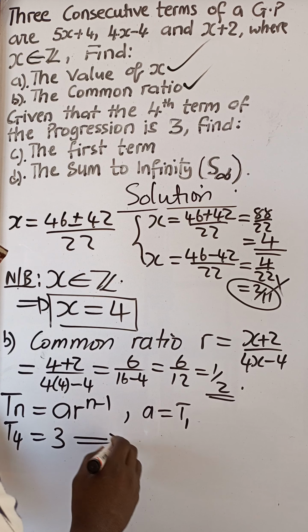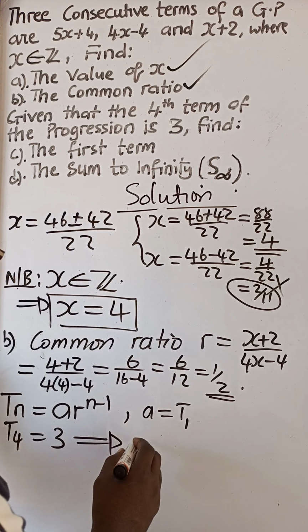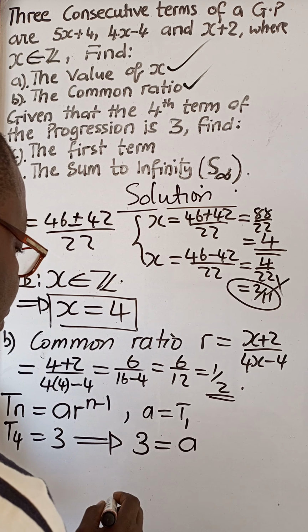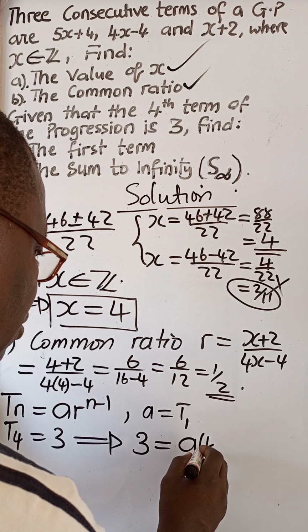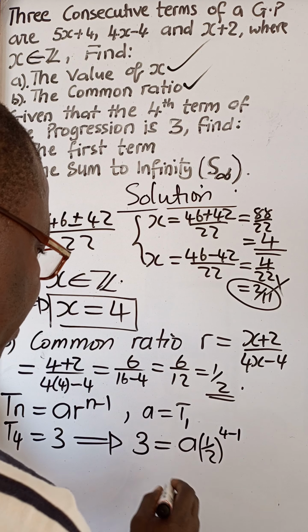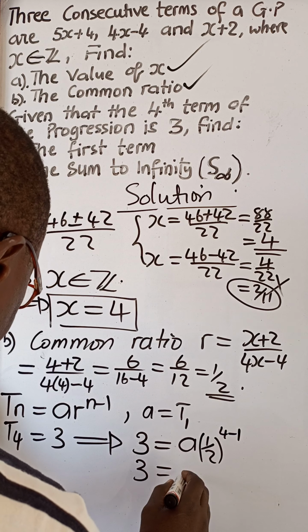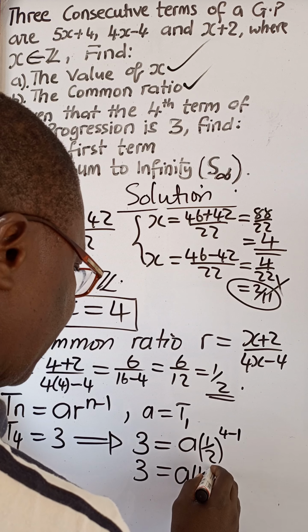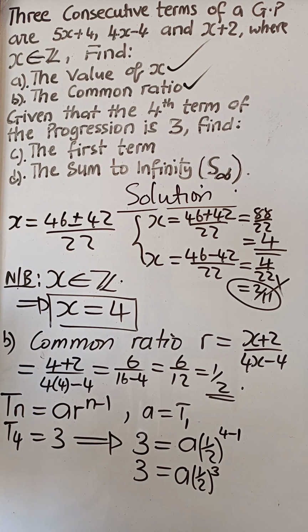That means 3 is equal to our first term, which we don't know, times our common ratio r, to the power 4 minus 1. So we're saying 3 is equal to first term multiplied by a half to the power 3.